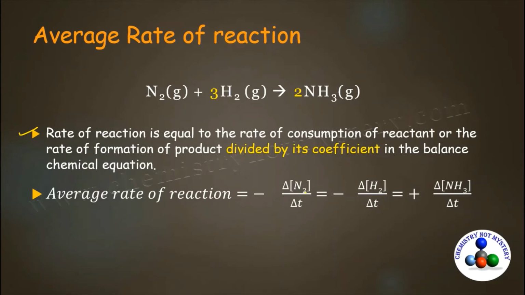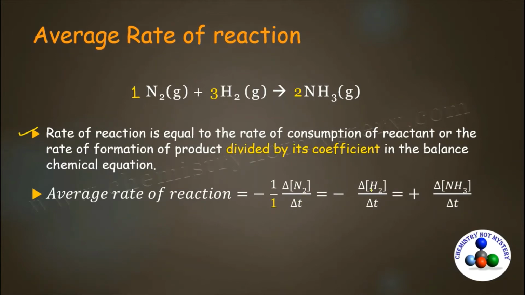In terms of nitrogen, nothing is written, that means there is 1. So here you have to divide the change in concentration of nitrogen by its coefficient, that is 1. So here you will get the formula minus delta concentration of nitrogen over delta T.